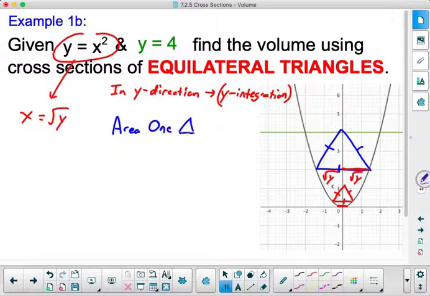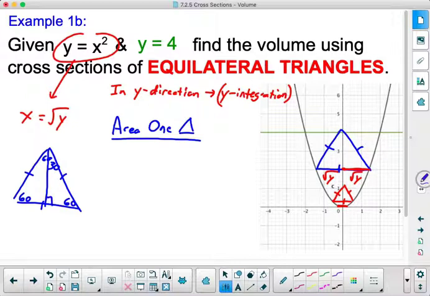And so now for this problem, we want to find the area of one triangle. And if I look carefully, and I'm going to draw one on the side here, so if you remember our properties, if this is an equilateral triangle, hopefully remember that this is a 60, 60, 60. And if I drew my height down in the middle, this actually makes a 30, 60, 90 triangle. Now back in my picture, if this is the square root of y right here, that's the short leg.